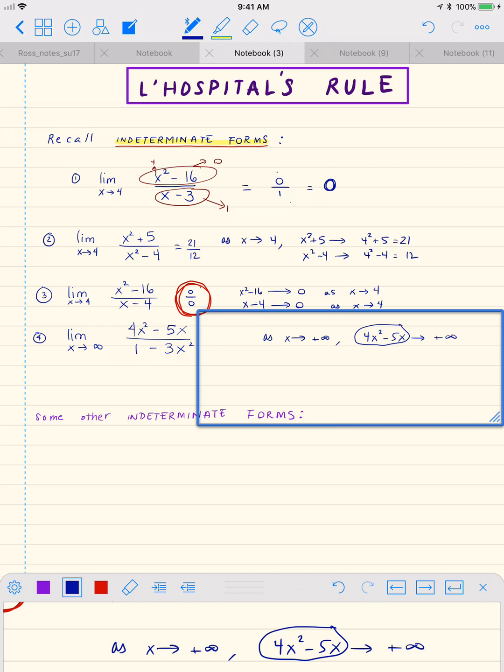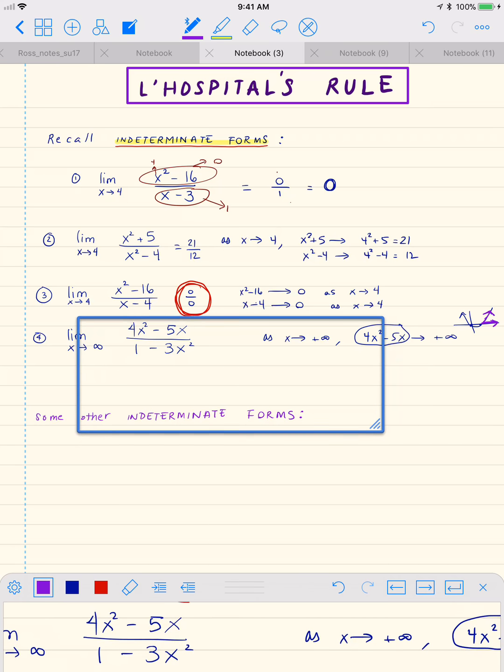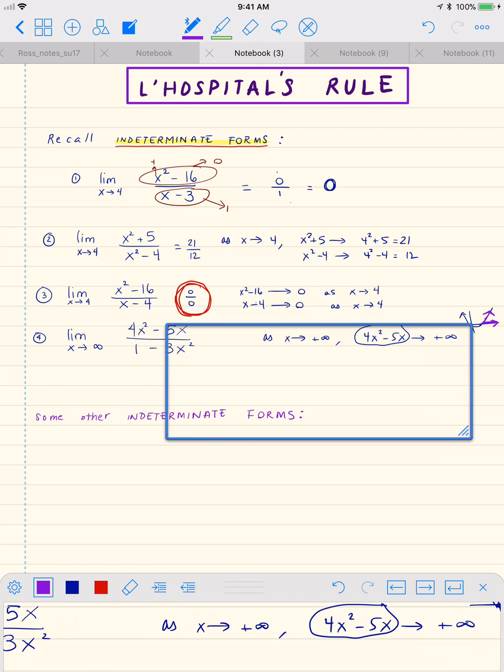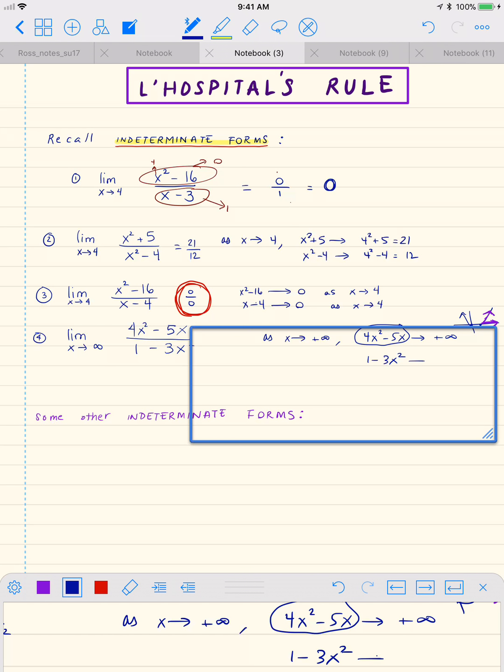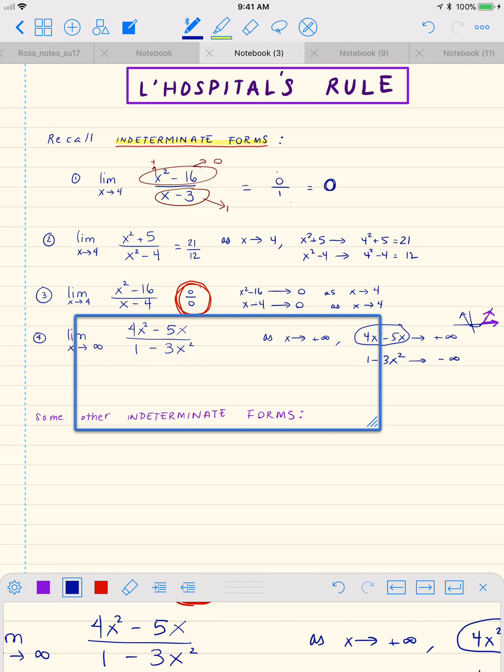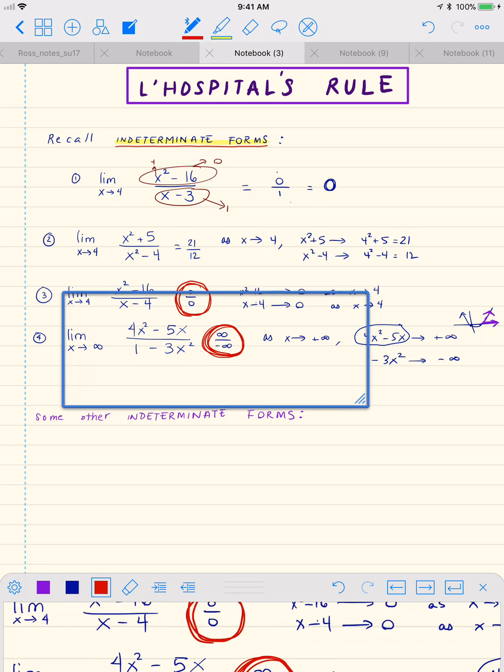It's the graph of 4x squared minus 5x. So as x is going to plus infinity, our function is going to plus infinity. And the denominator, 1 minus 3x squared, is going to be approaching negative infinity. So again, we have the form of plus infinity over negative infinity, which is an indeterminate form.